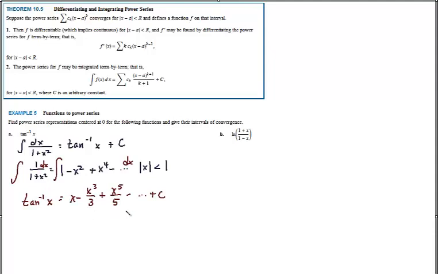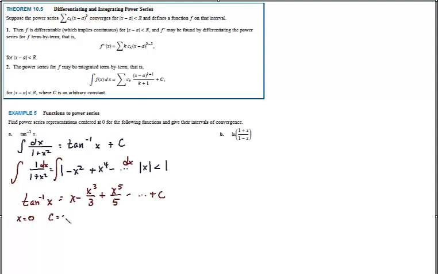I now have this series, and I can make sure that both sides agree. You know, choose your starting point at x equal to 0. Make sure that that works, and it does. Both sides are equal to 0.